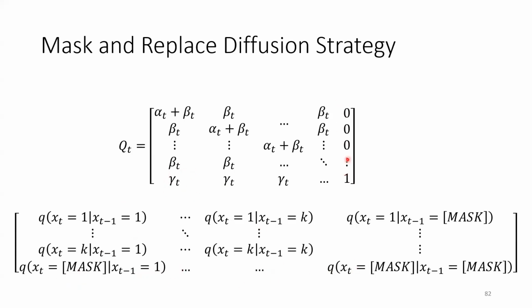What about the column? The column tells us that the current state is masked, so what is the probability that we will go to any other state from 1 to k? Here all of these probabilities are 0, which means that if any token jumps to the mask state, it's a dead state. We will never move out of it. The probability of moving out is none, and the probability of staying there is 1.